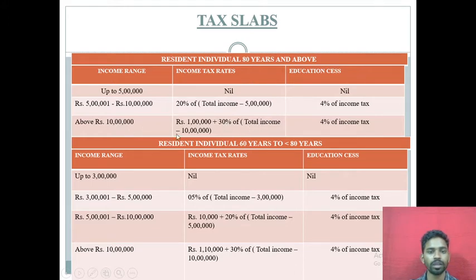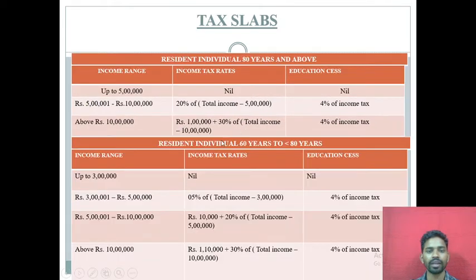It means total income minus 10 lakhs, and on the remaining amount we calculate 30%, plus the 4% of income tax. Like this we calculate the tax slabs for resident individual 80 years and above.